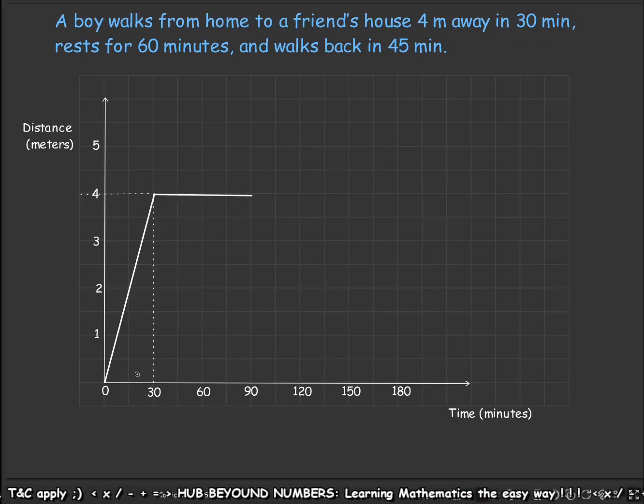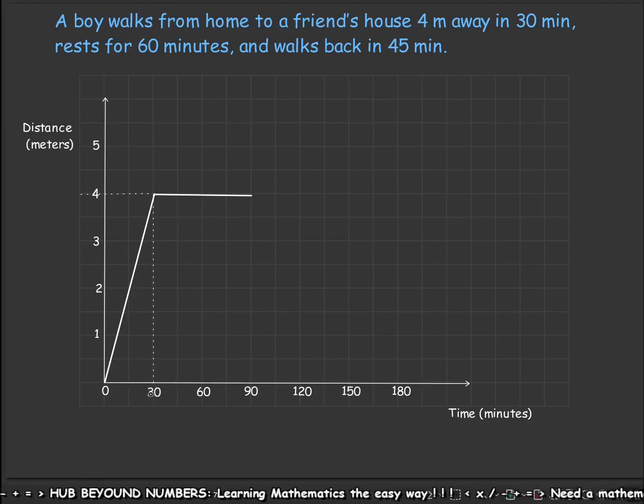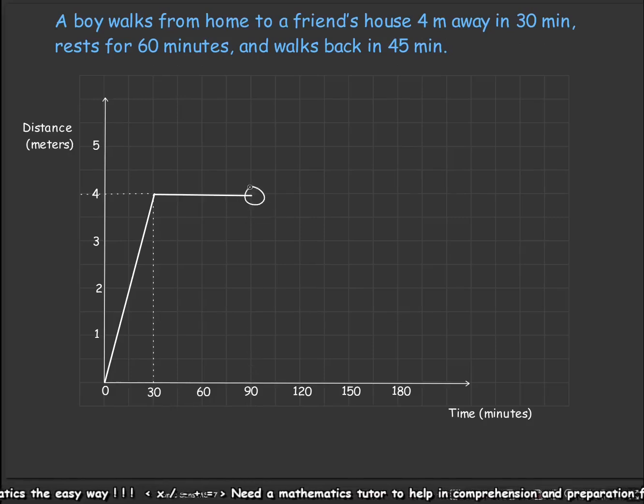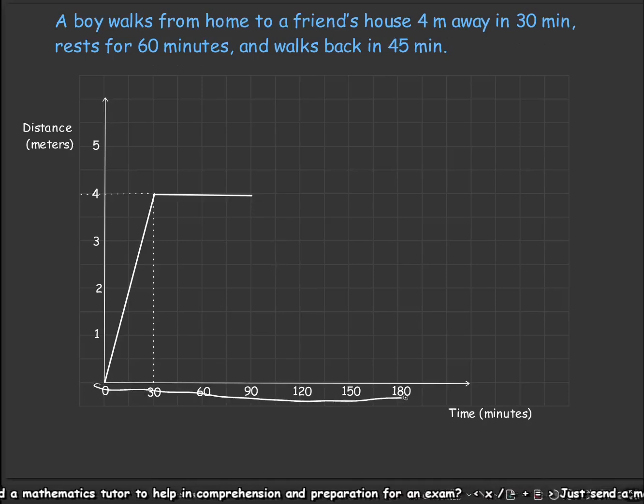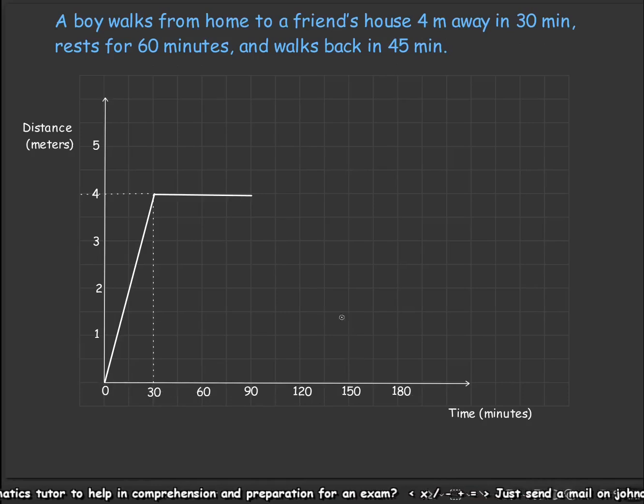Remember, you are on 30 minutes. You see, this over here, you're on 30 minutes. So if you add 60 more minutes, which indicates his rest period, then you're going to be on what? A 90. You get it? So this is his new coordinate. Now he walks back in 45 minutes. So right after the rest, he's coming back to his initial position, which is 0, in 45 minutes.